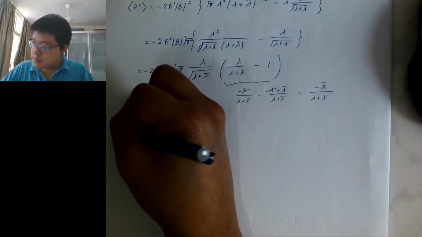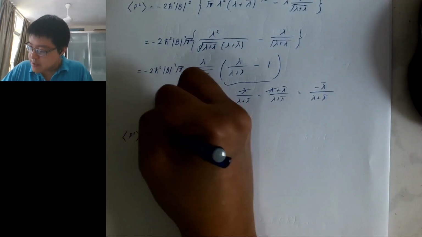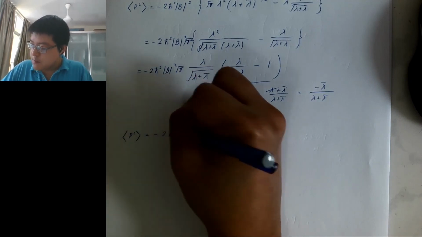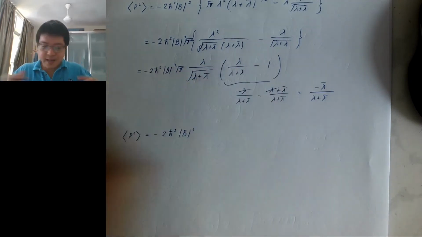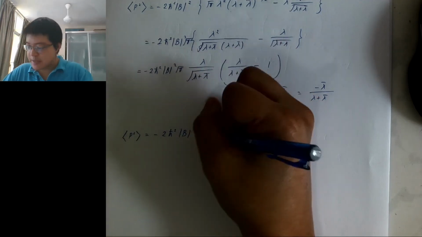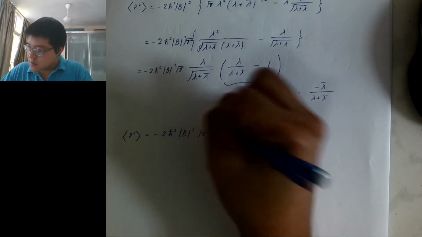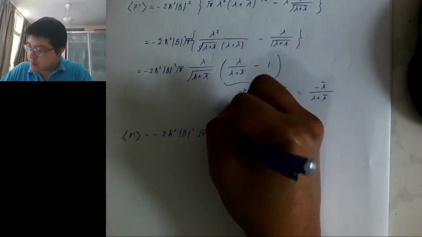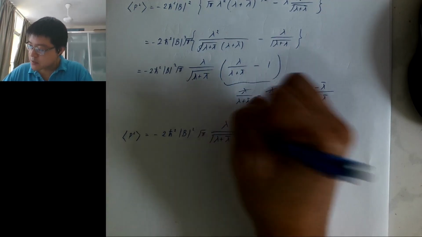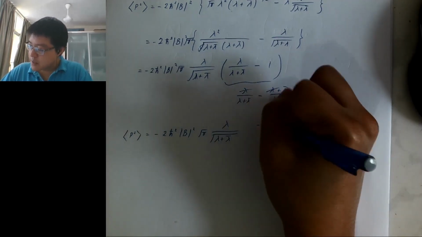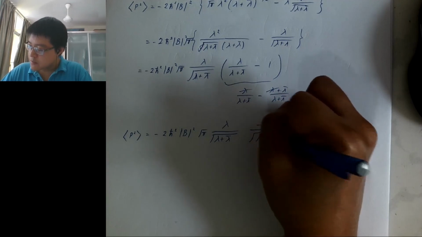Okay, so the expectation of p squared now is 2 h bar squared mod b squared. Mod b is another bunch of ugly stuff, right? We'll deal with that later. There's a root pi, there's a lambda plus lambda bar square root, negative lambda, and another square root.